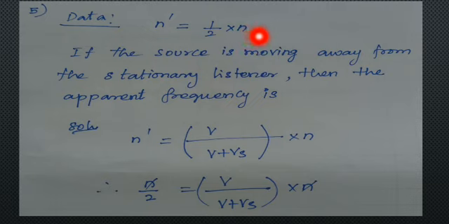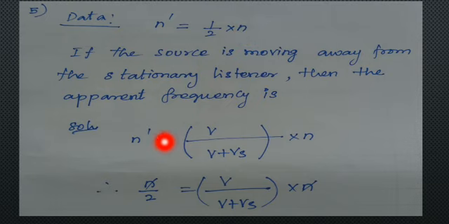If the source is moving away from the stationary listener, then the apparent frequency formula is n dash is equal to v divided by v plus vs, into n. But this frequency is half of the natural frequency.